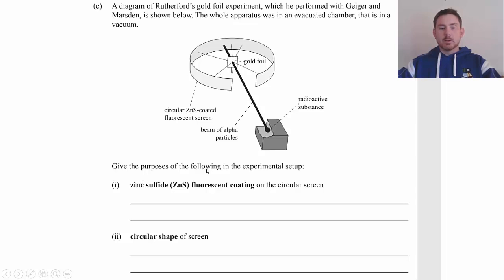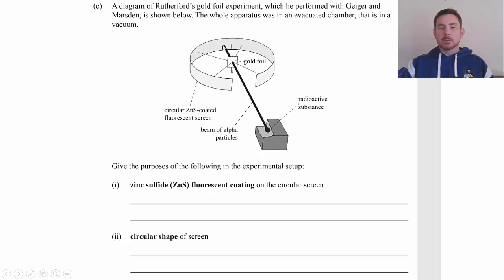So we're asked to give the purpose of different parts of the experiment, and the first one is the zinc sulfide fluorescent coating on the screen. So alpha particles, when traveling through a vacuum, are invisible, and without the zinc sulfide screen, you wouldn't see any effect of the alpha particles.